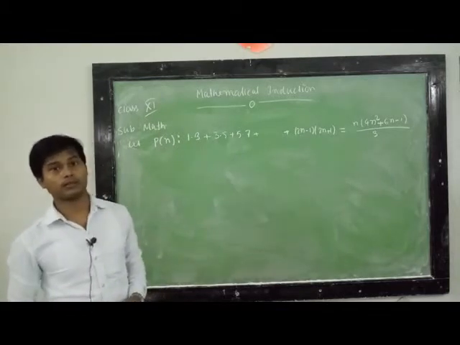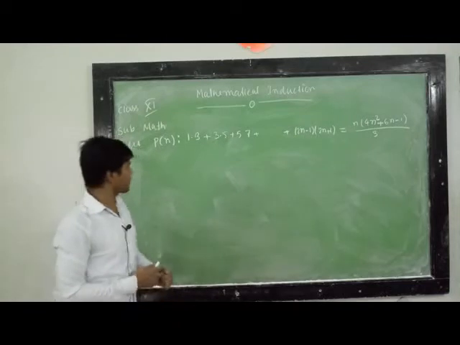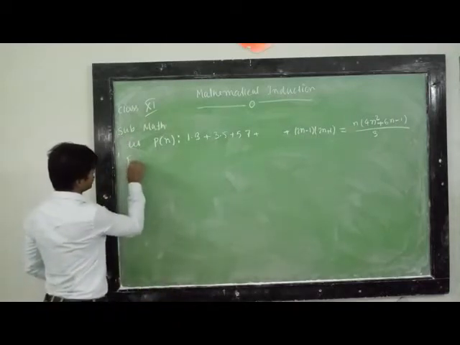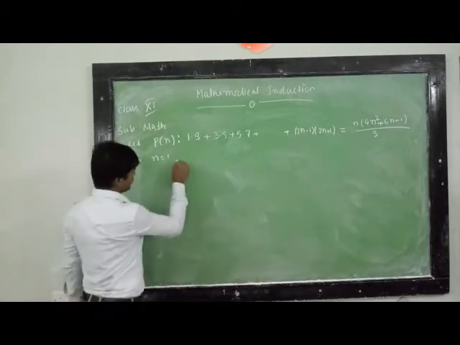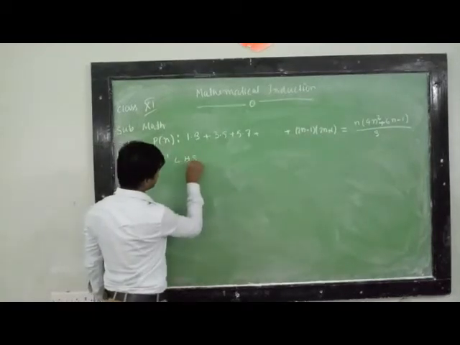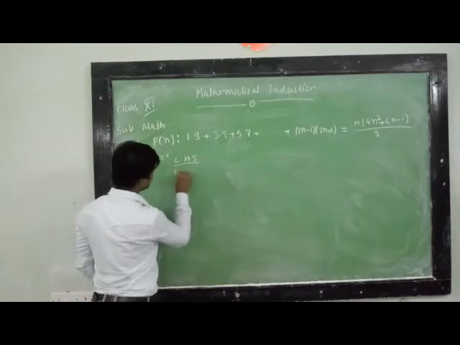First we have to check whether the statement is true for n equal to 1 or not. So for n equal to 1, the value of the expression on the left hand side is 1 into 3, which is equal to 3.